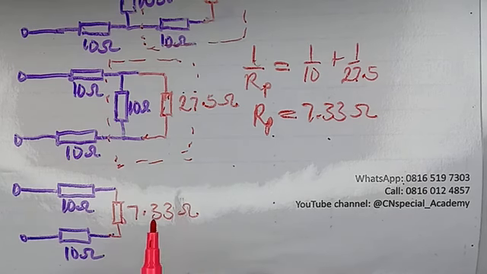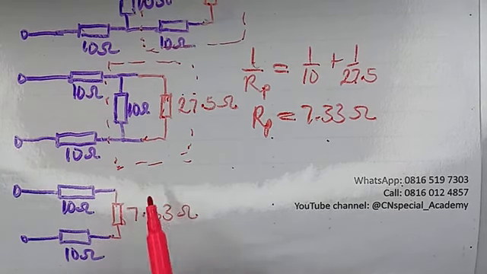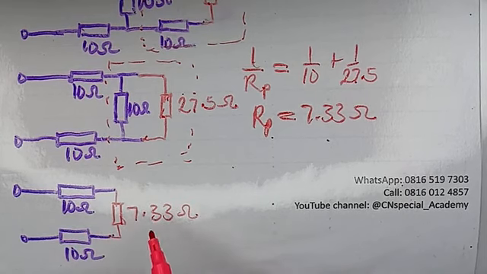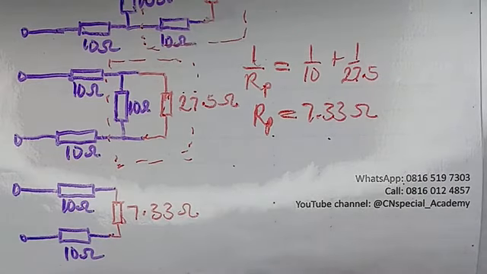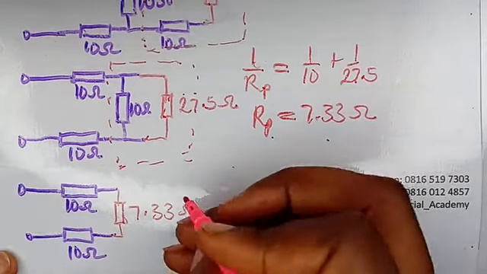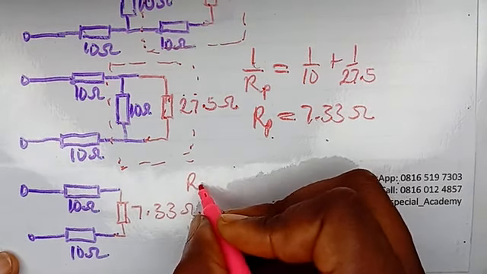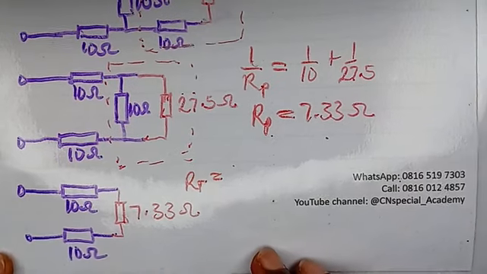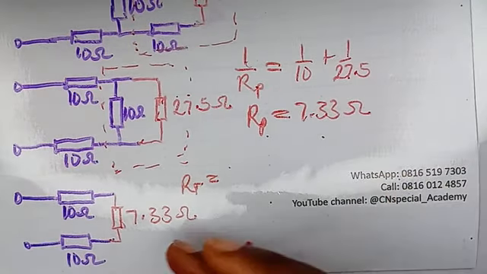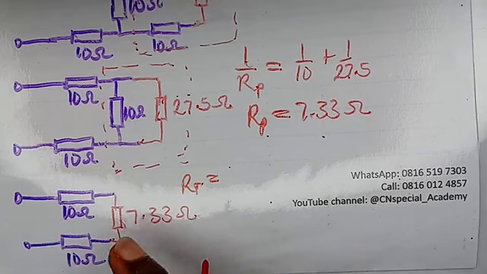And now we can see, you just know that you're done, because all these are now in series with each other. So the final resistance, let me call that RT to represent R total. The total effective or equivalent resistance is now equal to 10 plus 7.33 plus 10.